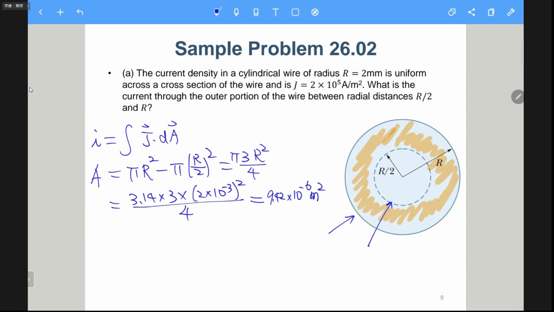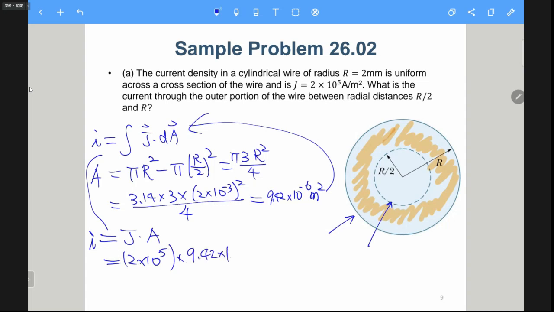Okay, so next we can plug this value in. I equals J times A, which is 2 times 10 to the fifth power times 9.42 times 10 to the minus 6, which is 1.88.